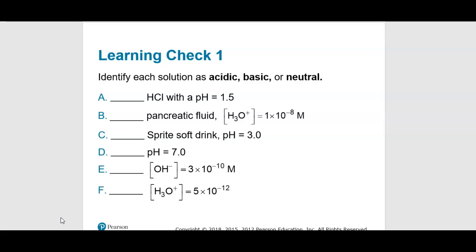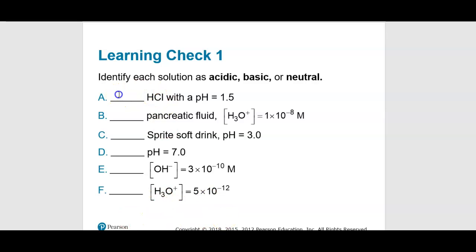For 5e to the minus 12, you get 2 times 10 to the minus 3rd. So the hydroxide ion is much higher than 10 to the minus 7. So that's a basic solution.